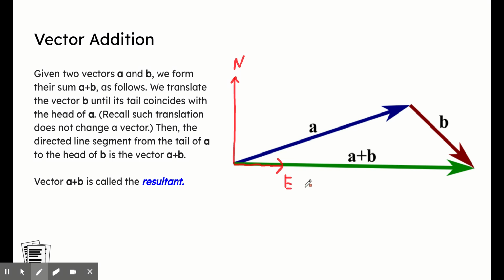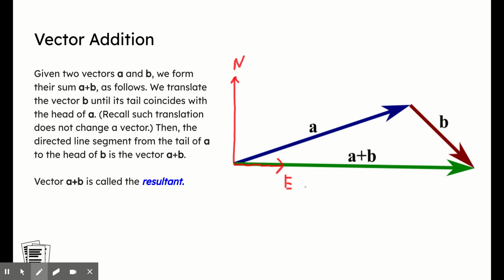So let's go on a walk. So object A, you go walking northeast, which is the A vector, right? Then you decide that you're going to walk southeast, and that would be the B vector.